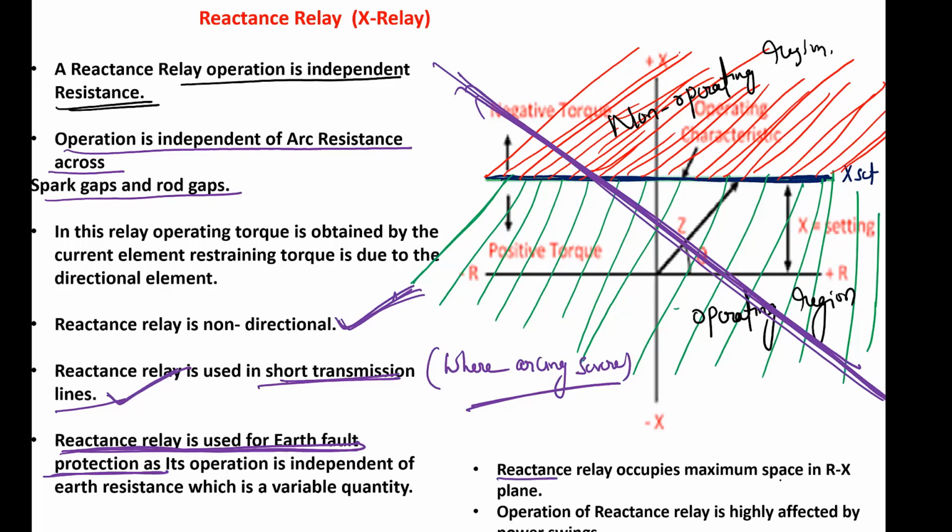Reactance relay occupies the maximum space in the RX plane. Reactance relay will occupy the maximum space in the RX plane because you can see here the region where it operates. It will operate in the infinite region below this line. So below this line in the RX plane there is infinite space. So the reactance relay operating region is the highest in the RX plane. Okay.